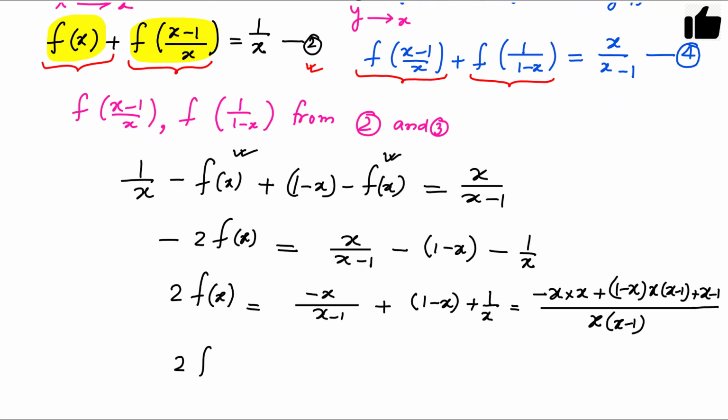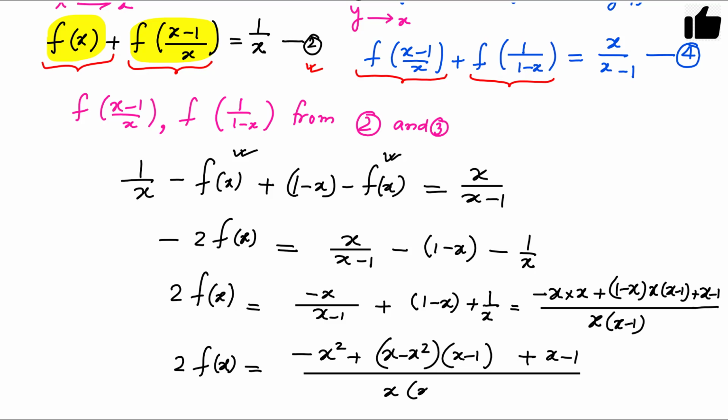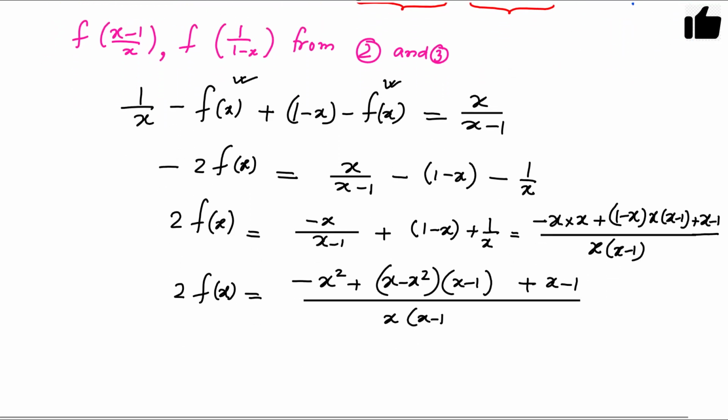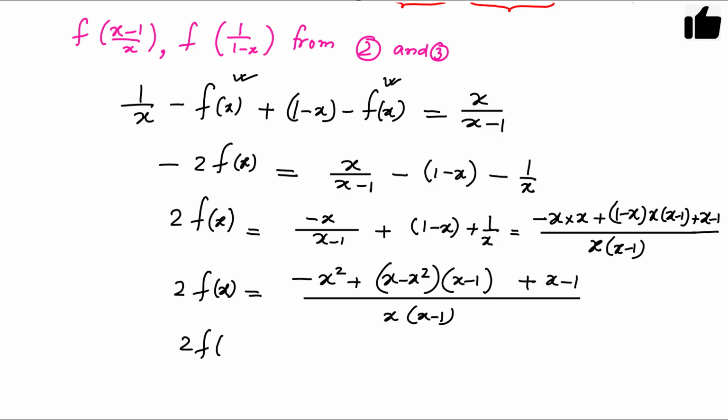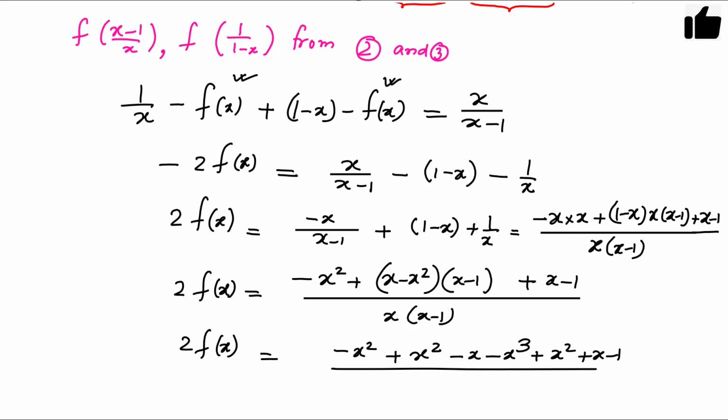So if you simplify a little bit, you will have 2fx is equal to minus x square plus x minus x square times x minus 1, and this is plus x minus 1 divided by x into x minus 1. So if you multiply this term, this is 2fx, and this will be minus x square plus x into x square minus x cube, and plus x square plus x minus 1 divided by x into x minus 1.